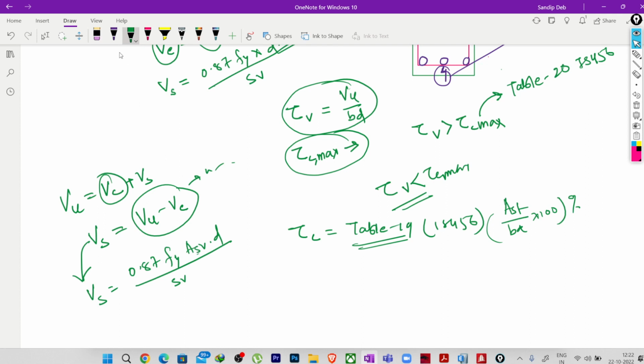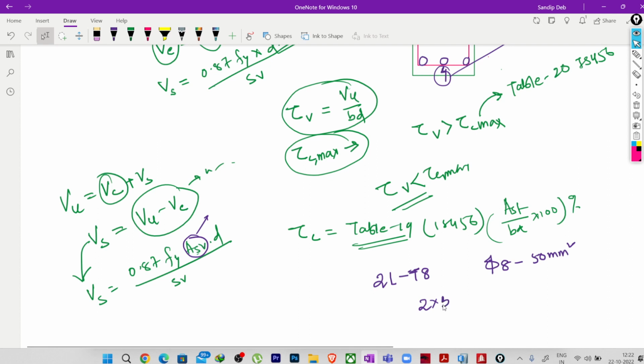One is you put the ASV value here. So suppose we have two-legged T8. Okay, so 8 mm dia bar, area of reinforcement is 50 mm square. Two-legged means 2 into 50. Sorry, so it is 100 mm square. Right? So now you can put the 100 here.